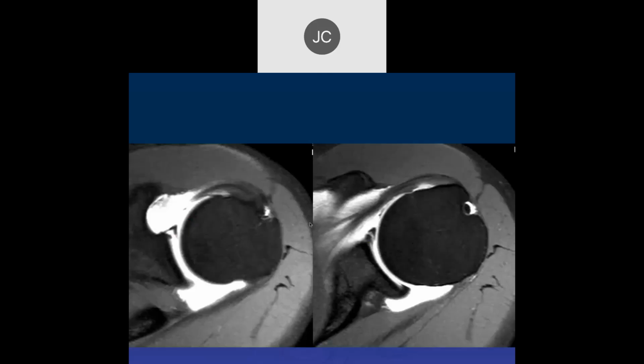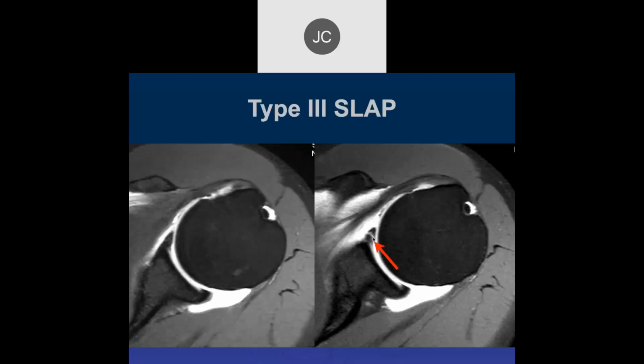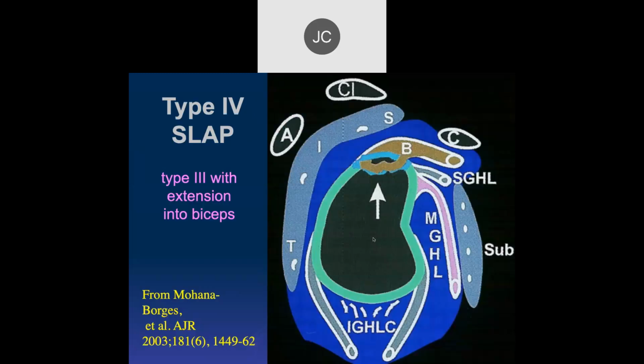But then when we see the axial images, if this were just a superior recess, it shouldn't go out into the actual substance of the labrum, which it does here anteriorly. So this is actually the continuation of the SLAP tear into the anterior labrum, which makes this a tear, not just a superior recess. And this was a type 3 SLAP tear.